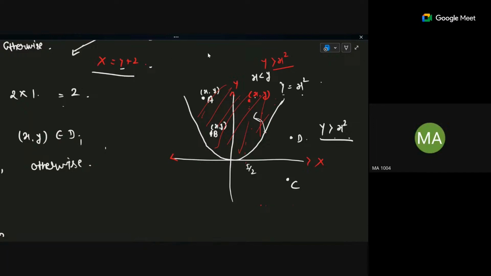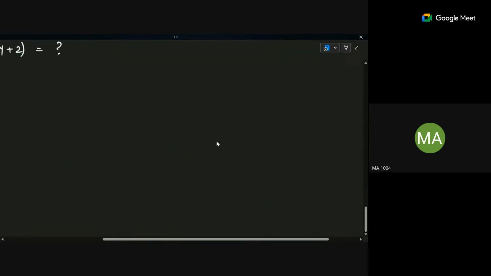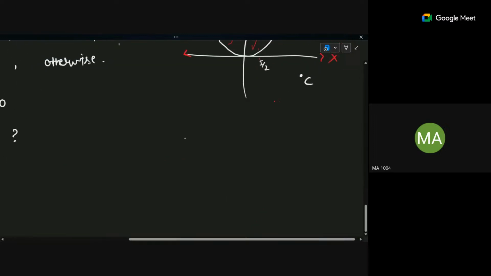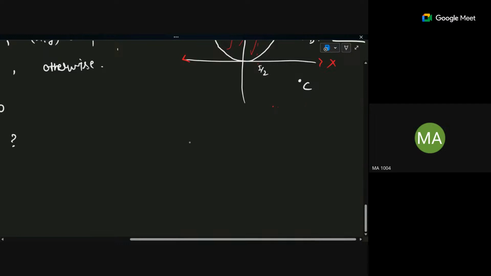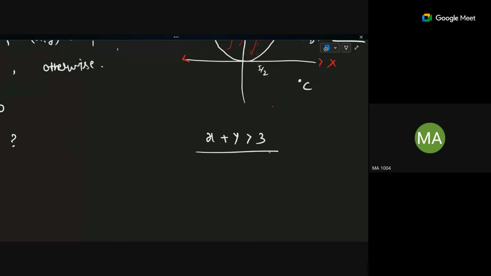Okay. Now, just to check whether you understood or not, if I want to check whether x plus y is greater than 3 or not, what will be my vision?